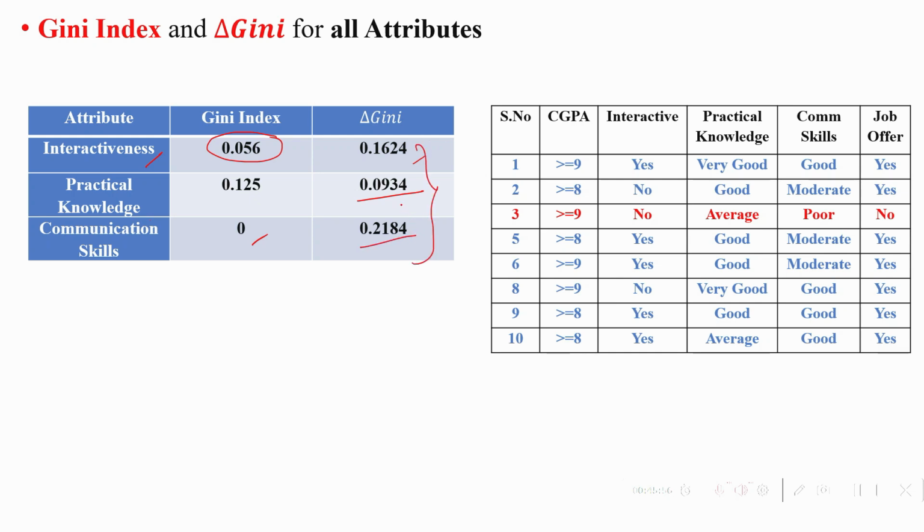Out of all these delta Gini values, communication skills has the highest, so that becomes the next intermediate level node.